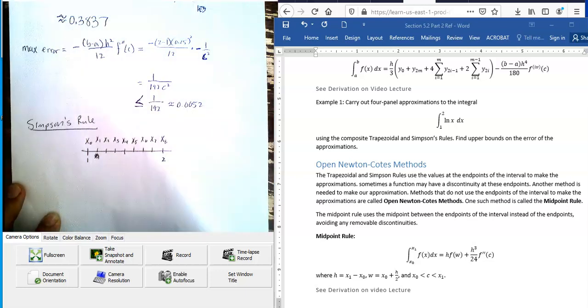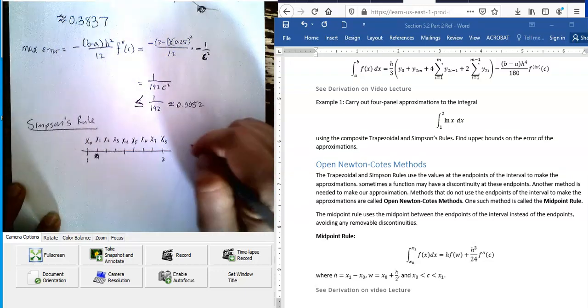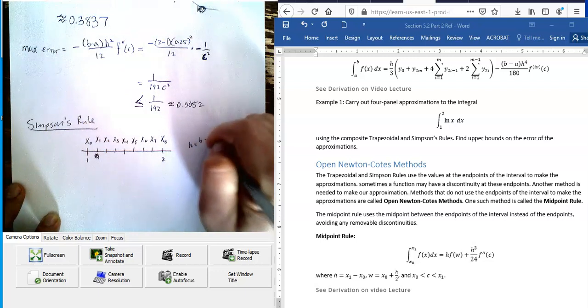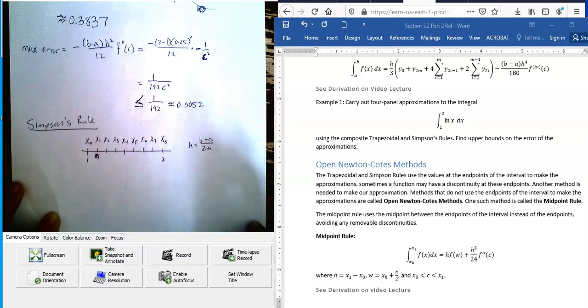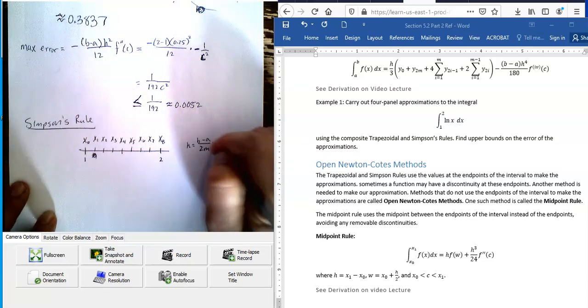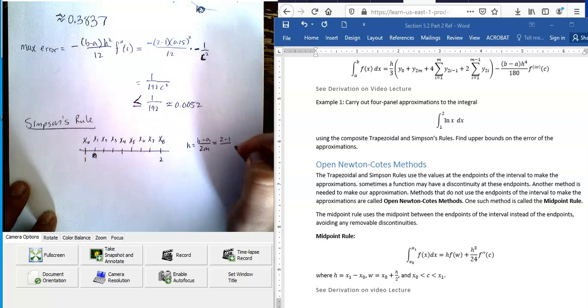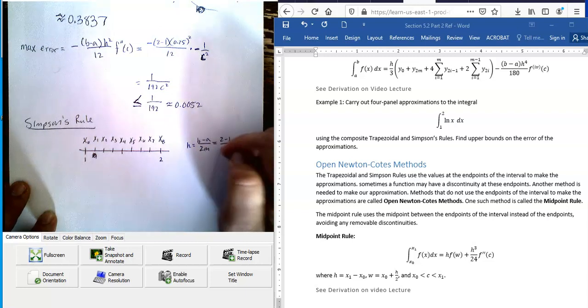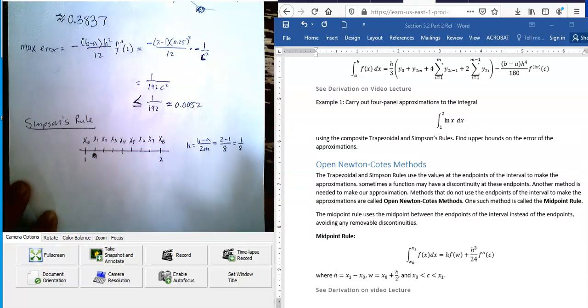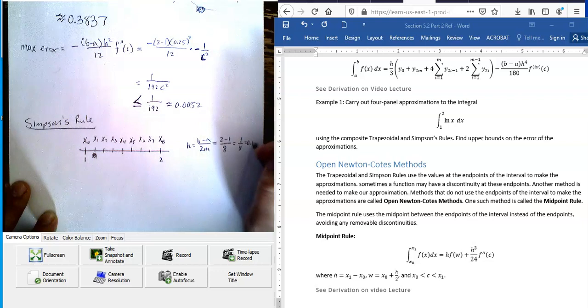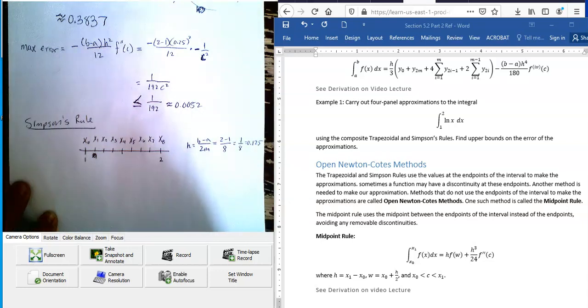So all we need to do is figure out what our h is. H will then be equal to b minus a over 2 times our number of panels we want, which is 2 minus 1 over 2 times 4 is 8. So each is 1/8, or 0.125. Okay.